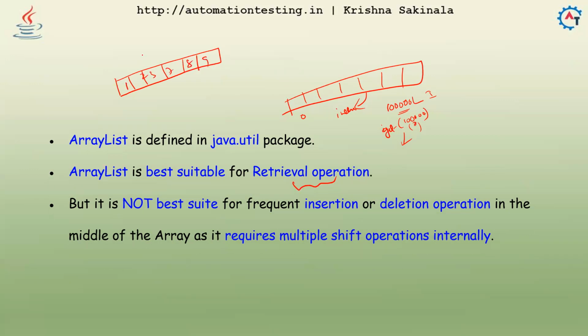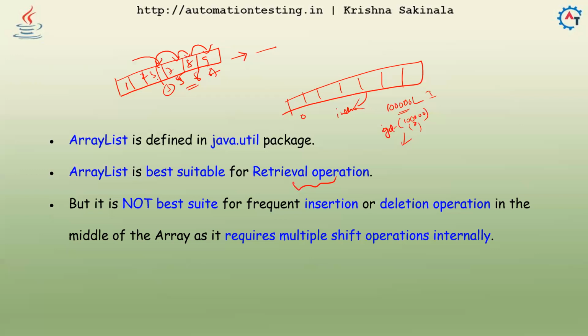If you try to add one element in between, say 4 at the third index, the elements will be shifted one by one. It has to go to the 4th index, the 5th index, the 6th index. If you try to insert one more, it has to shift again to the 5th, 6th, 7th index. So that operation is costly.